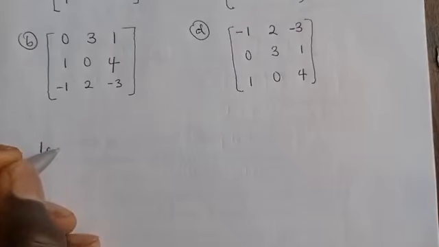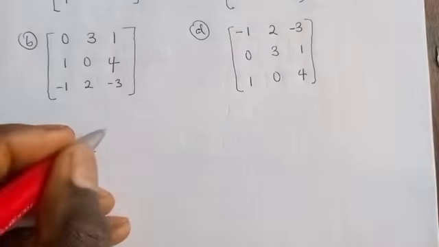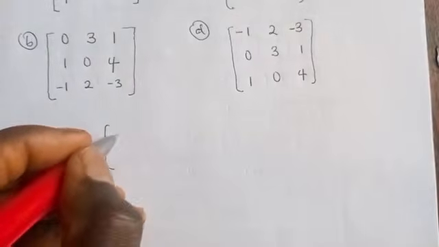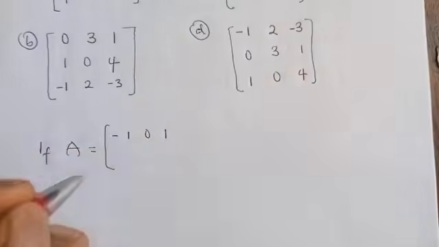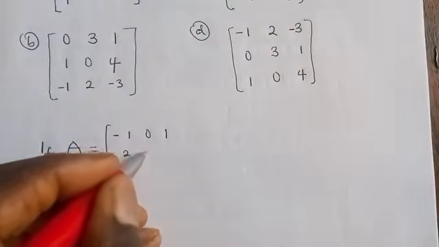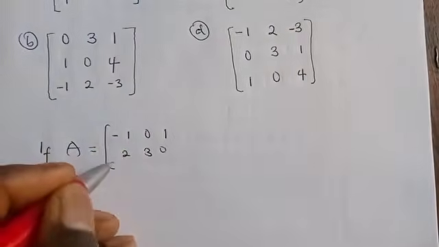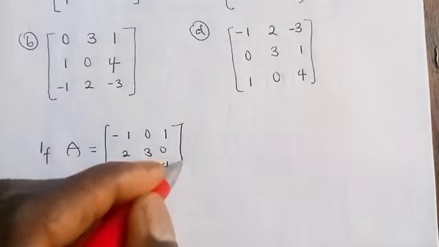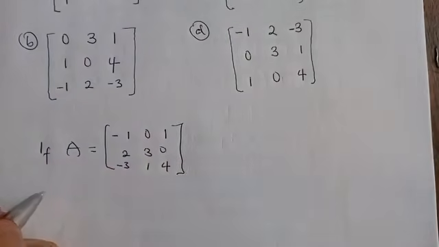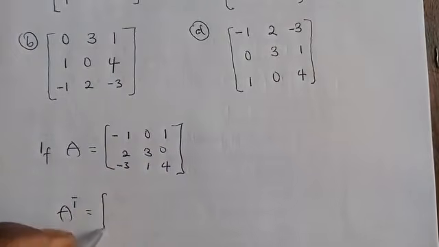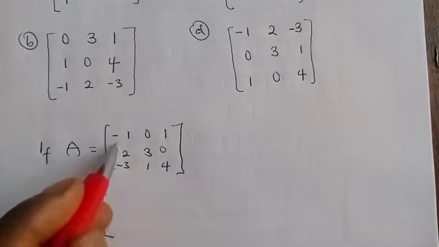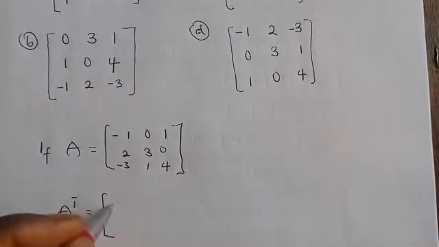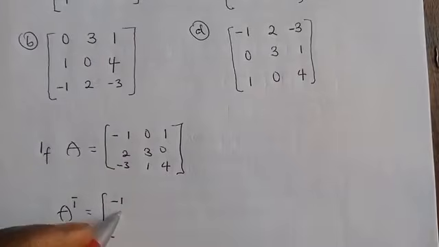That is, if A, that's matrix A, is equal to minus 1, 0, 1, 2, 3, 0, minus 3, 1, 4, A transpose will be equal to, the row 1 here will become column 1, that is minus 1, 0, 1.